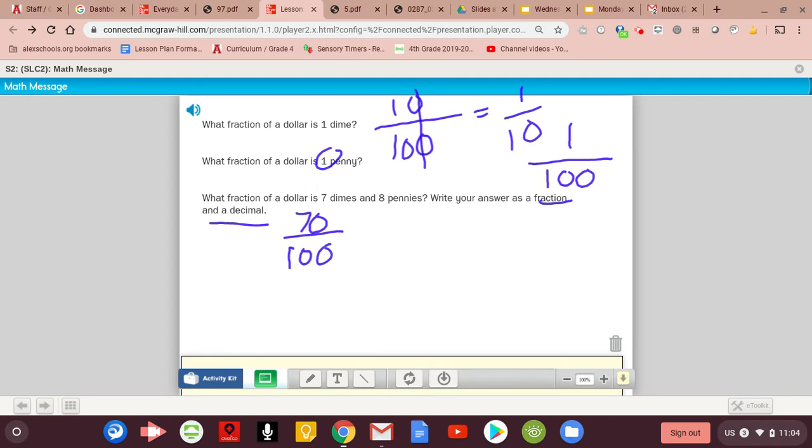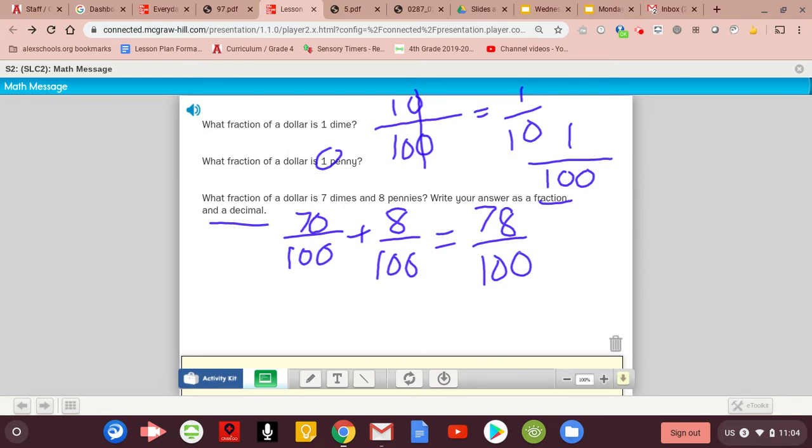So there's our fraction for our 7 dimes. Then we have 8 pennies, so we need to add on those 8 pennies. Pennies are worth 1, so they just stay at 8. And then we add. So we have 78 over 100 for our fraction.